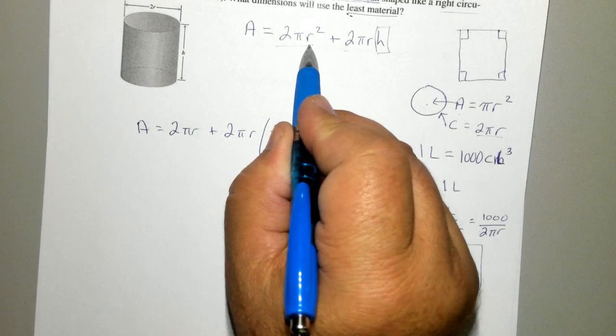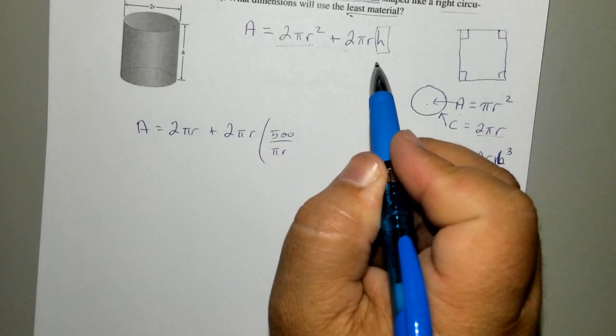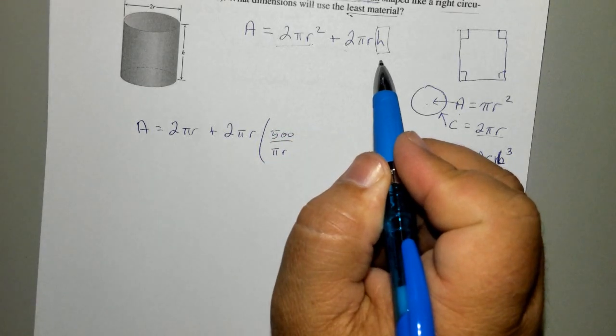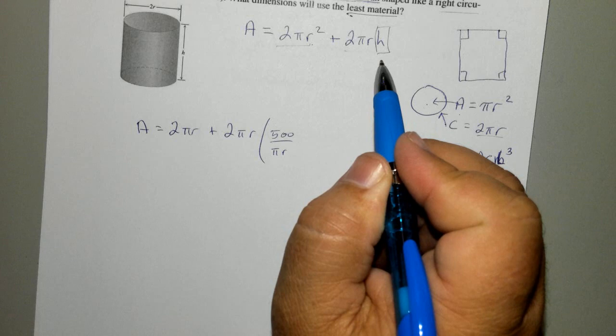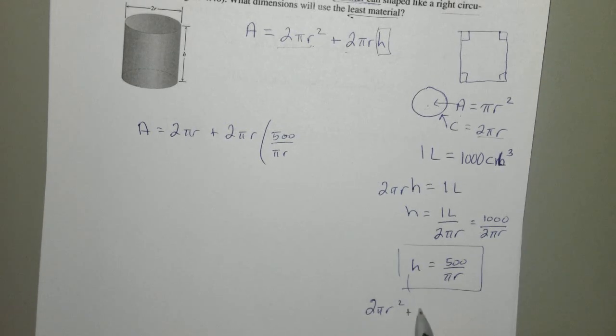Hold it, so it's 2 pi r squared plus 2 pi r h equals 1 liter.